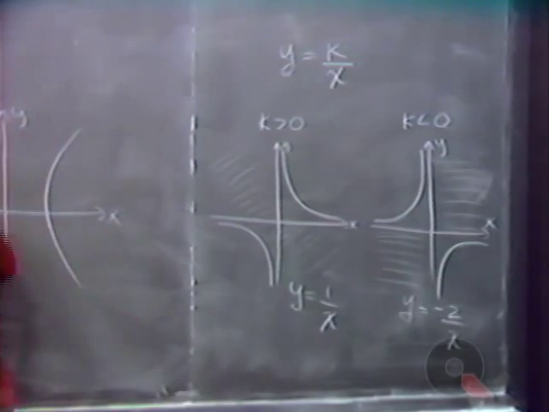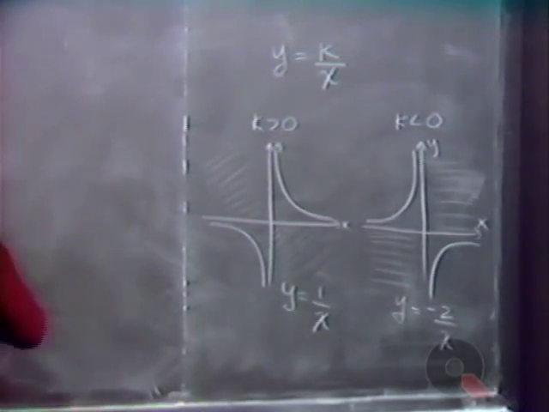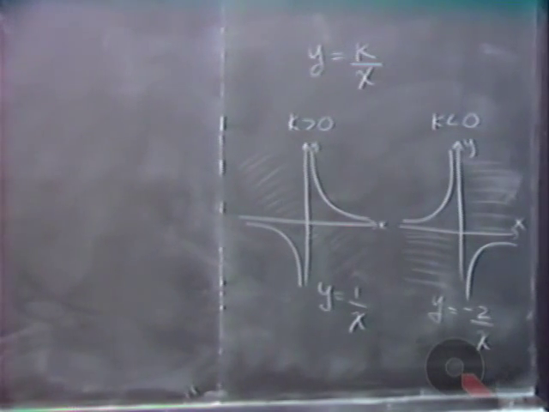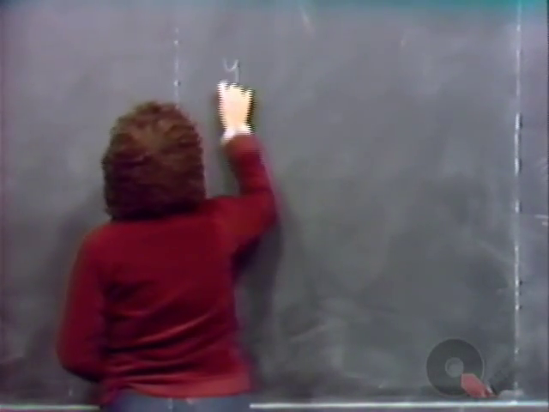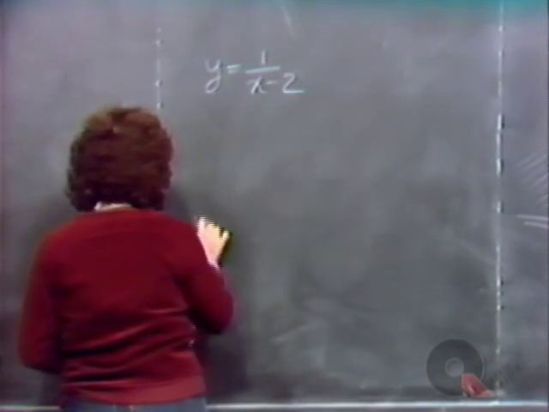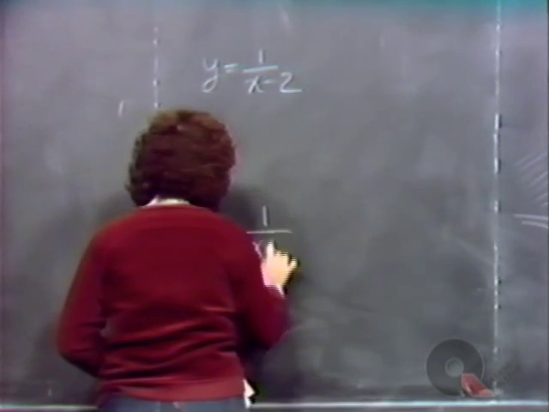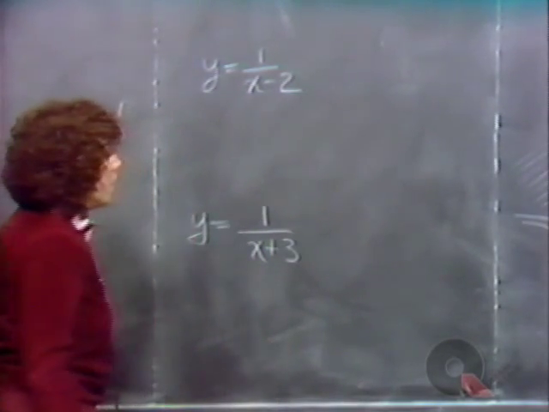Okay, now I'd like to consider slight variations on these rational functions. For example, y equals 1 over x minus 2, and also y equals 1 over x plus 3.